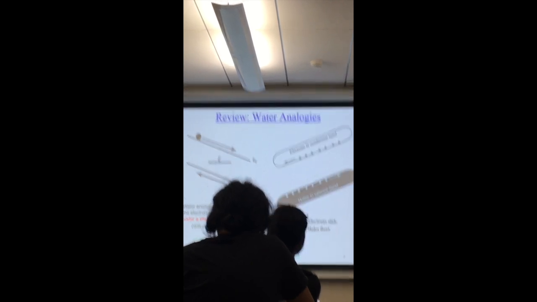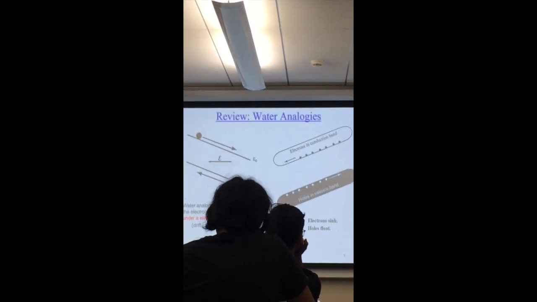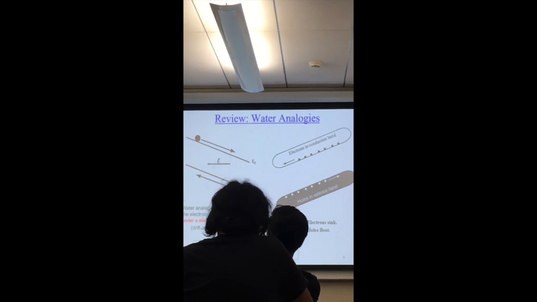That is one way, just look at the slope, and another way is to use the water analogy, which we have discussed before. Electrons are like water in a bottle, right?